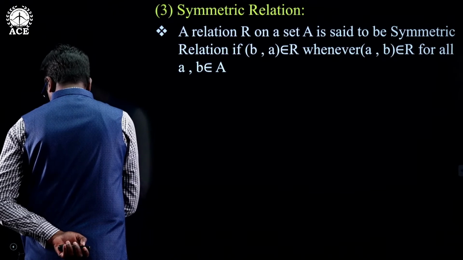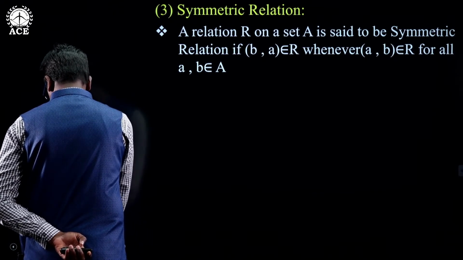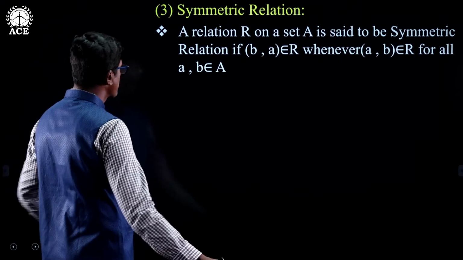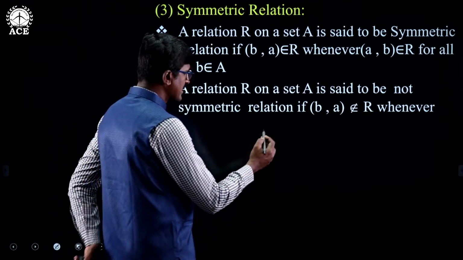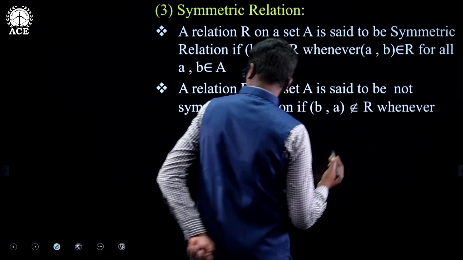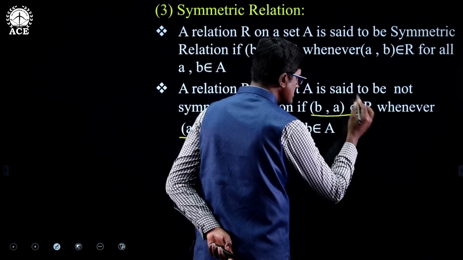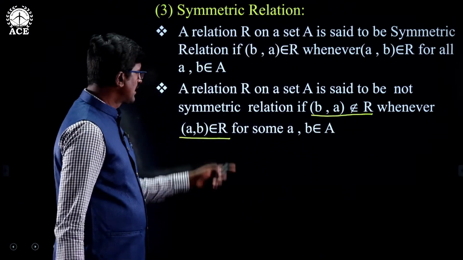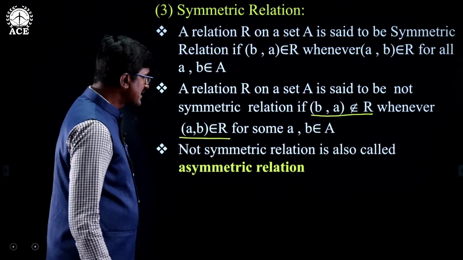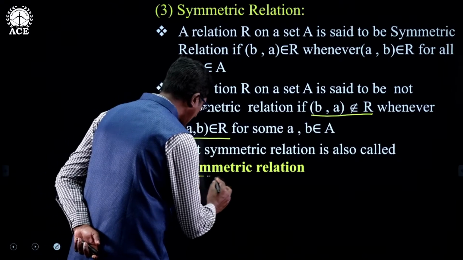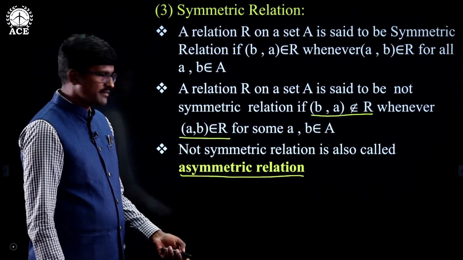We will see examples for both. This is the definition of not symmetric relation: whenever (A, B) belongs to R, if (B, A) does not belong to R, then the relation R is said to be not symmetric. A not symmetric relation is also called an asymmetric relation.